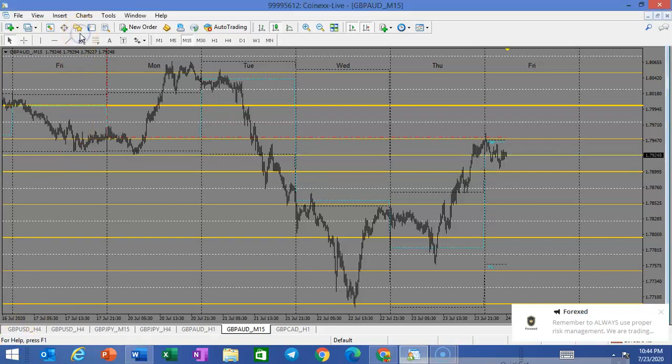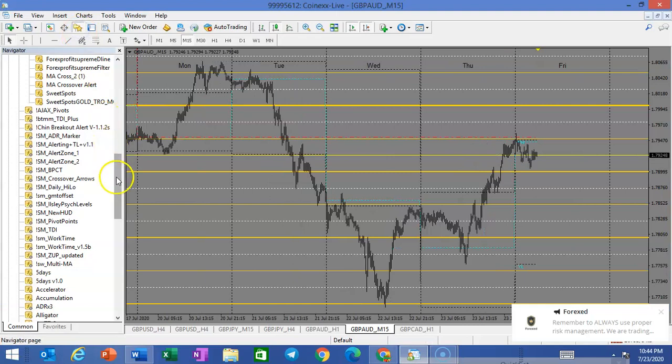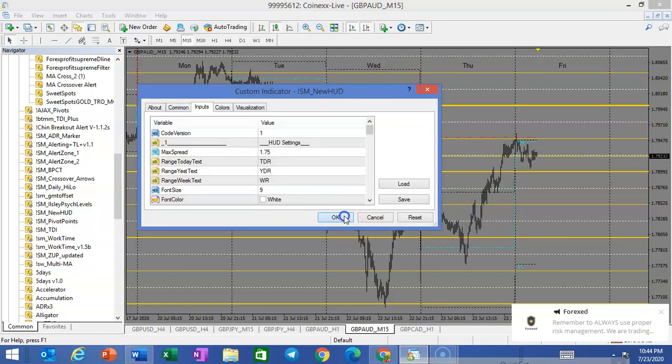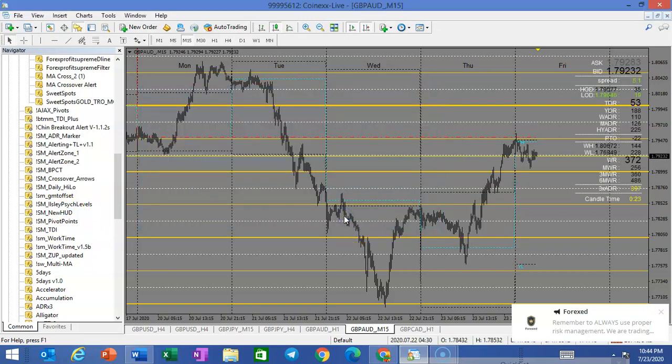There are also 2 other helpful indicators that I wanted to make available to you if you so desire them. This is a candle counter. Once I enter a trade, it would also count the pips.